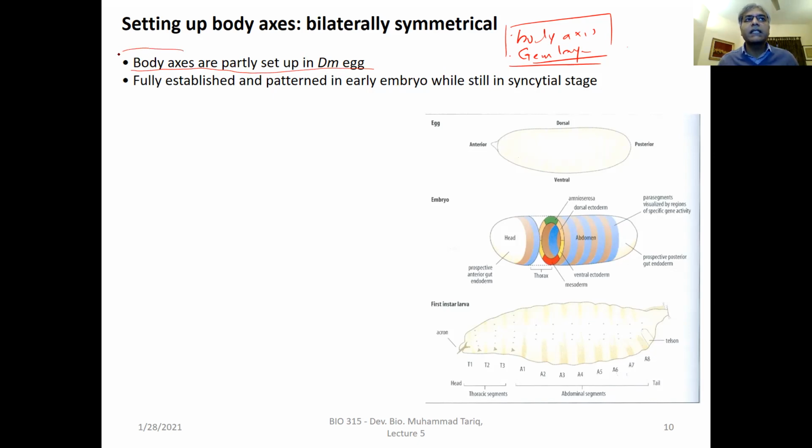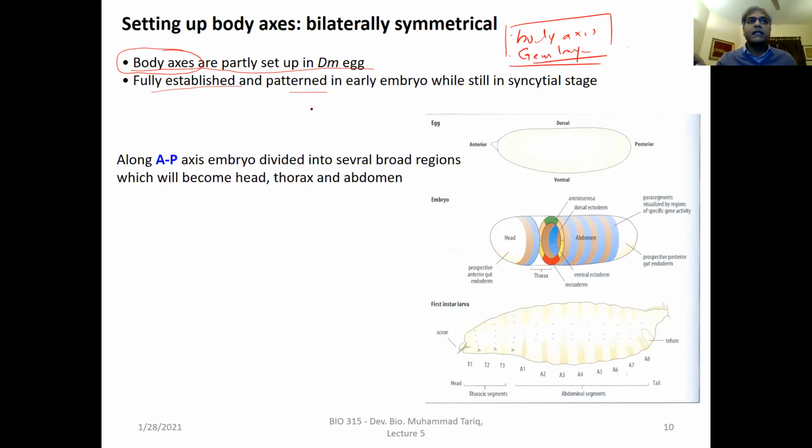Then these body axes, which are partly defined in the early egg, are established in pattern in the early embryo. Here you can see along the anterior-posterior axis, already the egg, which is laid by the mothers, comes with a defined anterior and posterior axis and dorsal and ventral axis.